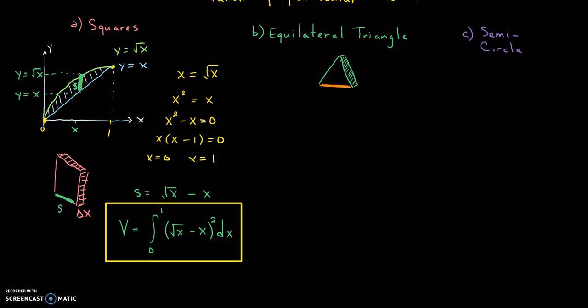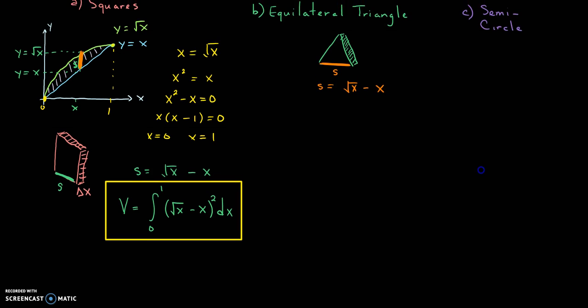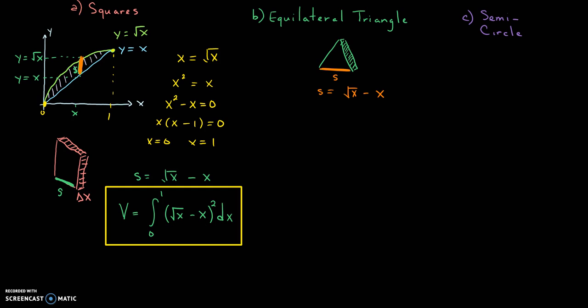And so it should be coming out of the picture, out of my screen, like a 3D image. Well, this side here is S, but again, what is S equal to? We know that S is just your top curve minus your bottom curve. And that's pretty much it. That's all S is.